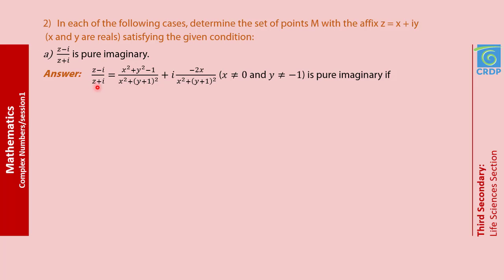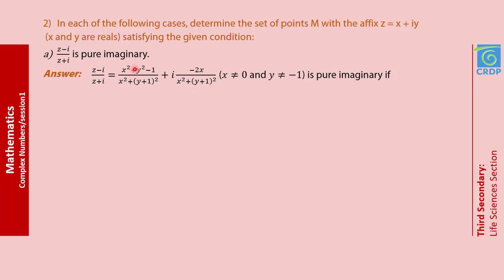z minus I over z plus I, which is x squared plus y squared minus 1 over x squared plus y plus 1 squared, plus I into minus 2x over x squared plus y plus 1 squared, on condition that z plus I is different from 0, then z different from minus I, and that is x different from 0 and y different from minus 1.